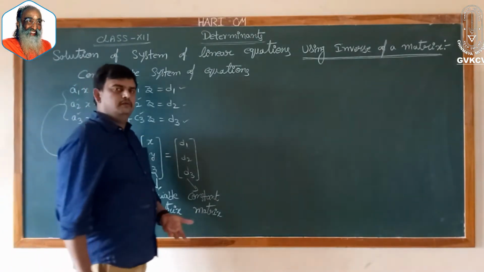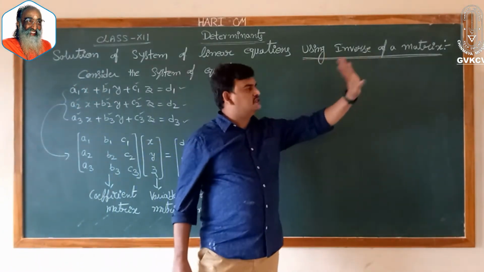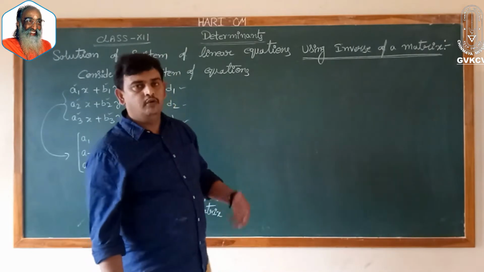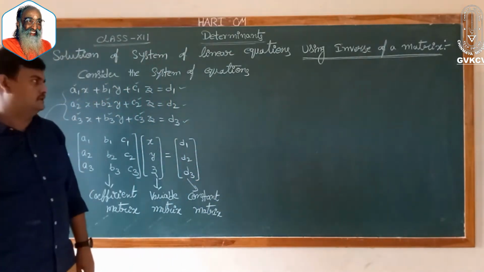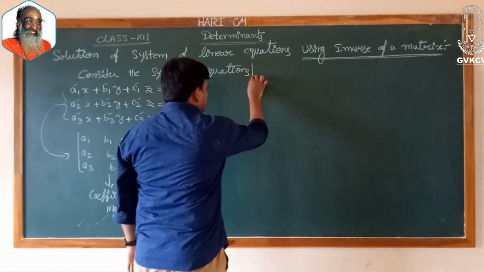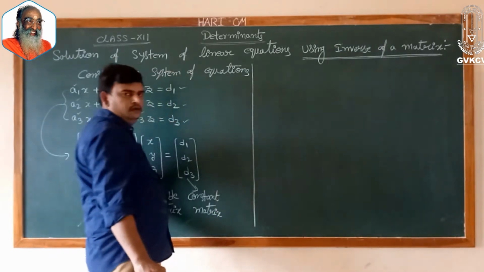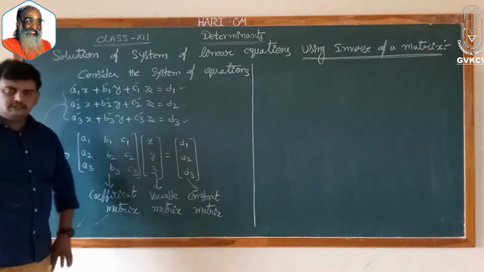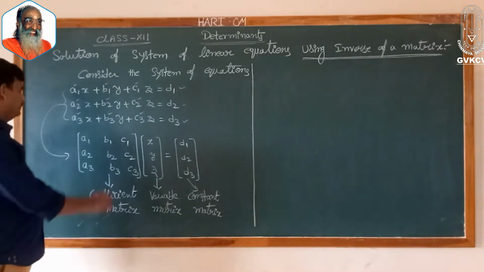Now what is our question? Using inverse of a matrix. Now where is the inverse of a matrix? Let us see here. Now here I have three matrices. Now I am going to name them.